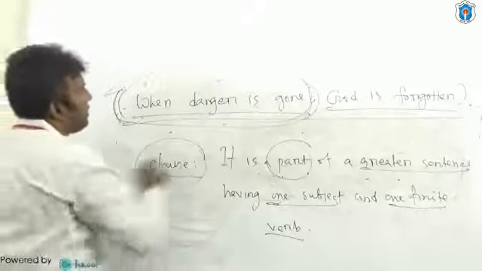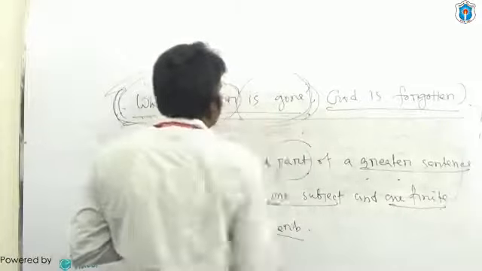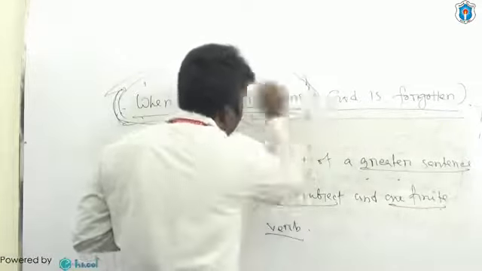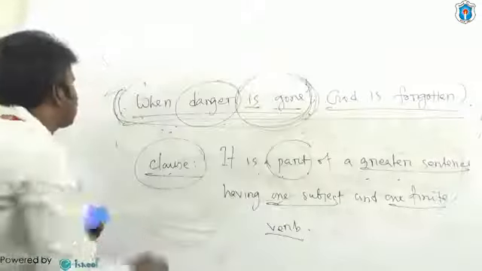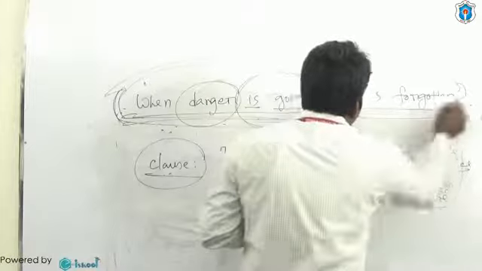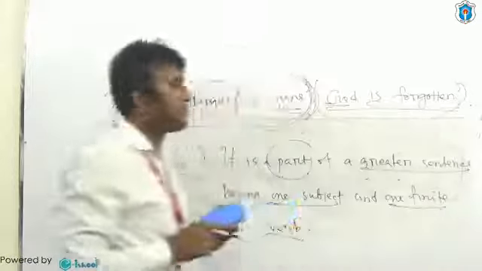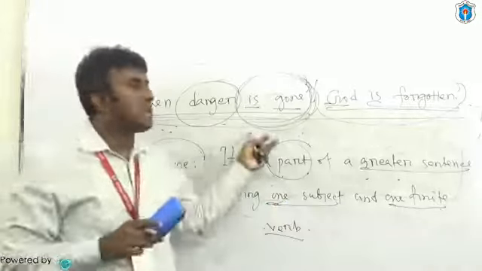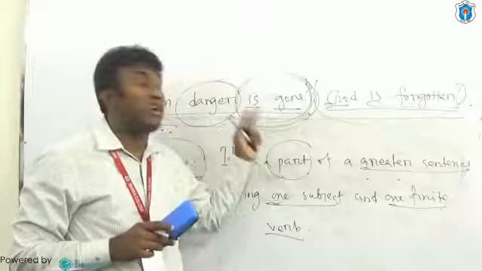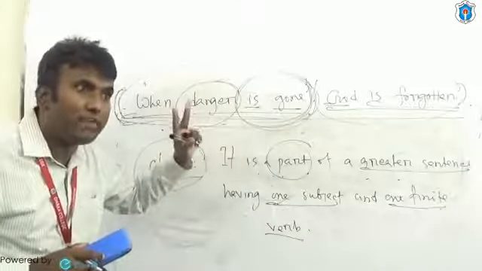Here, danger is the subject and is gone, is and gone, are working as finite verbs. So we can say that this is a clause. This is also a clause because in this part we have got one subject and finite verb. So my dear students, in the meantime we have got what a clause is. Clause is a part of a greater sentence having one subject and one finite verb.